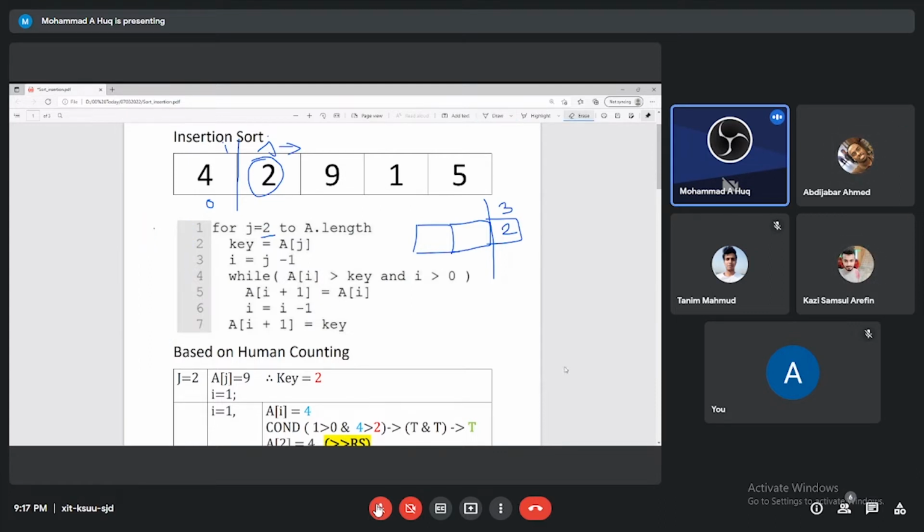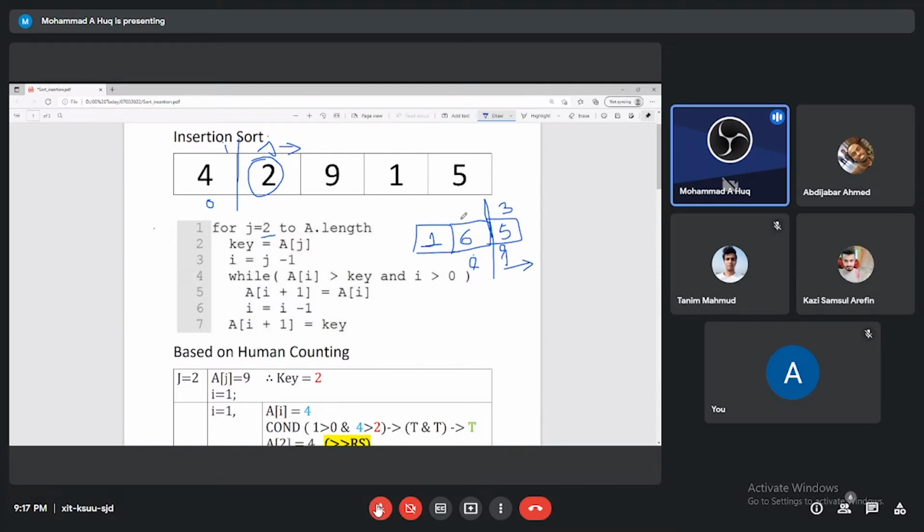Now try to see the example we have taken before, where we had 5 and here it was 1 and 6, the one we took a moment ago. Okay, Abdizaber, you just say that j will always move to the right, and i will be the adjacent value of j, I mean the previous value of j always.